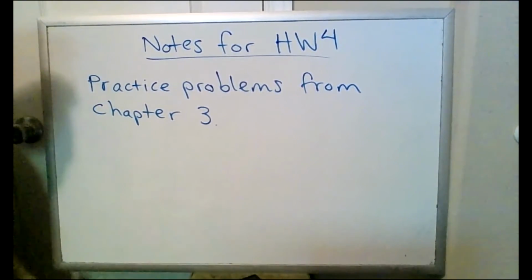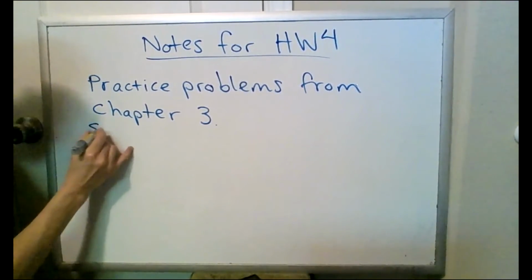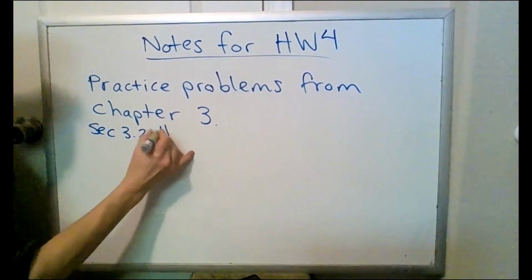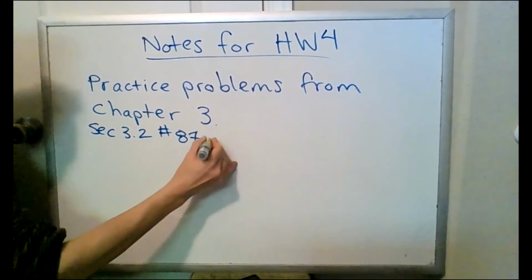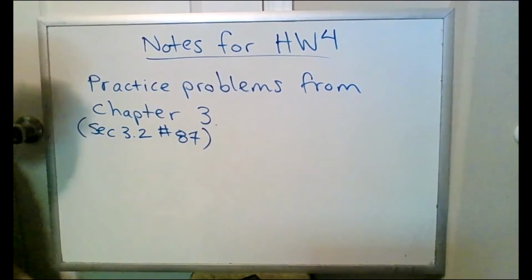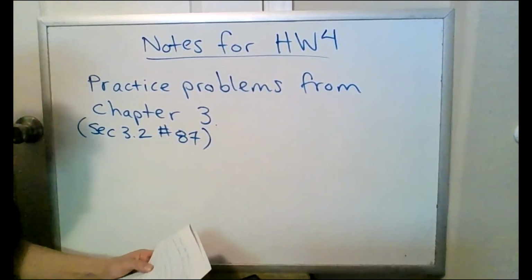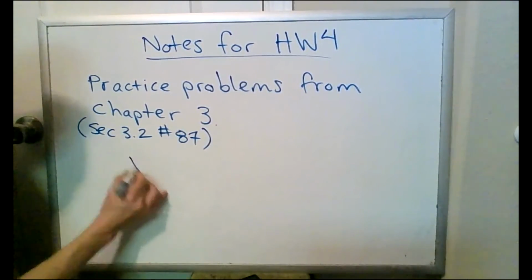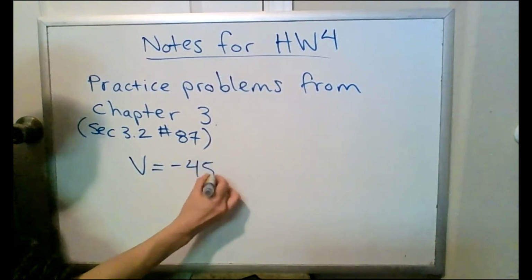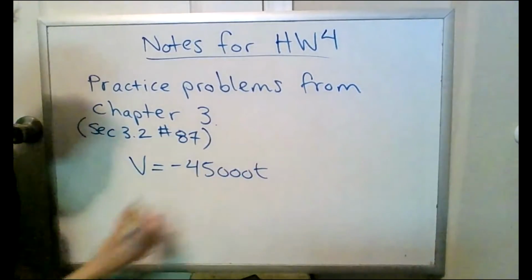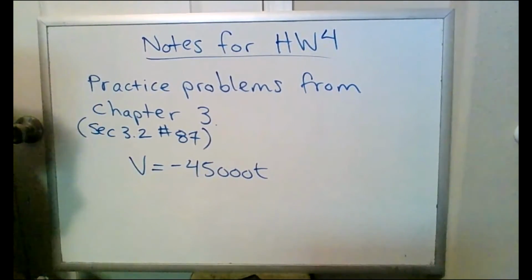For number 87, V equals negative 45,000 T plus 600,000.